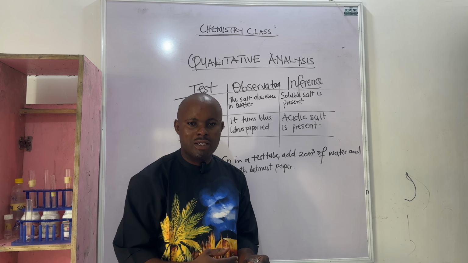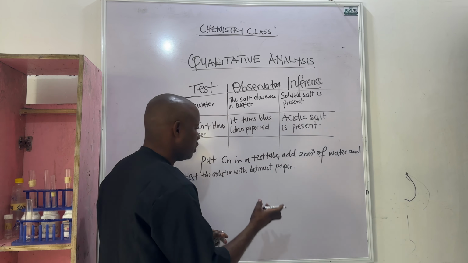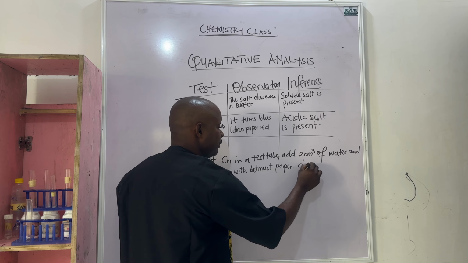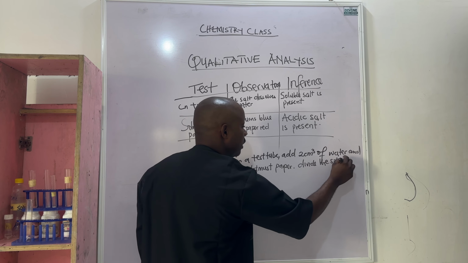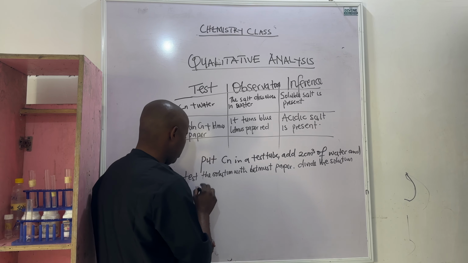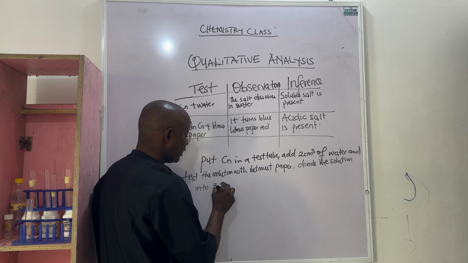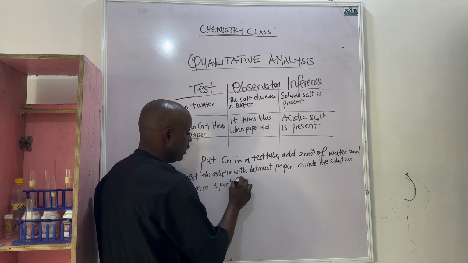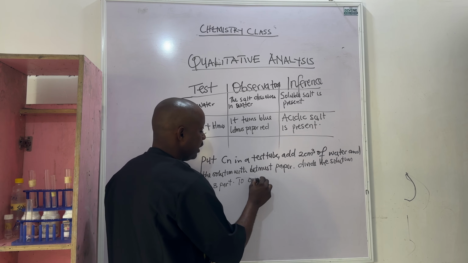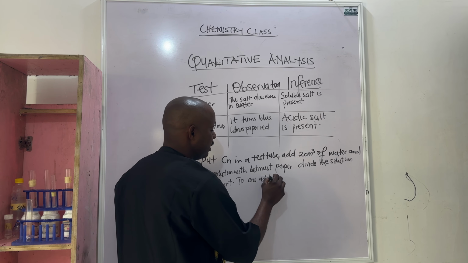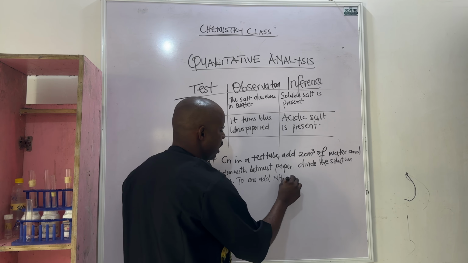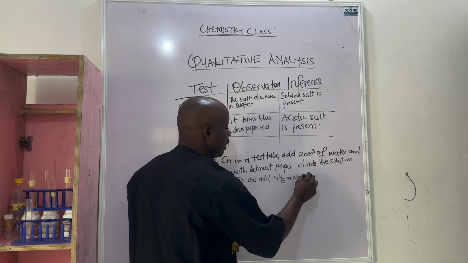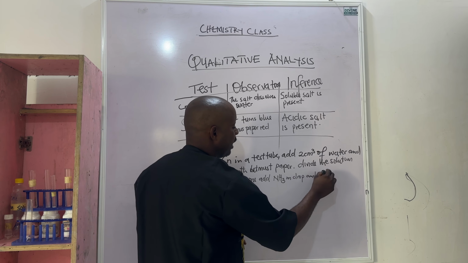So in this aspect, let me just continue. We'll say divide the solution into three parts. To one, add ammonia in drops and in excess.